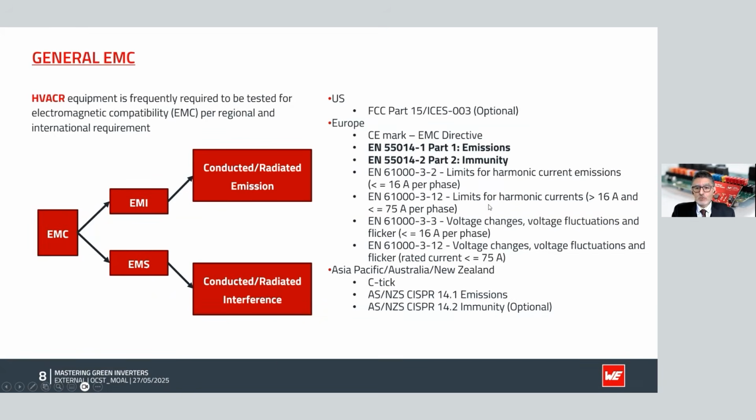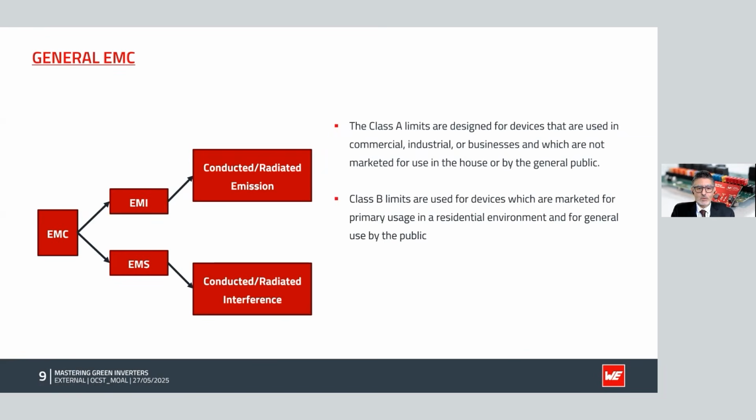Now, if you've got something that is higher than 16 amps, it would be -3-12. And for voltage dips and interrupts, again, it's the same -3-3 or -3-12, depending on your voltage rating or current rating, I beg your pardon.